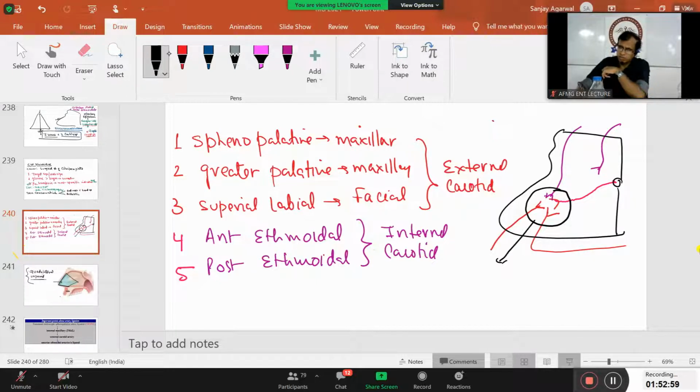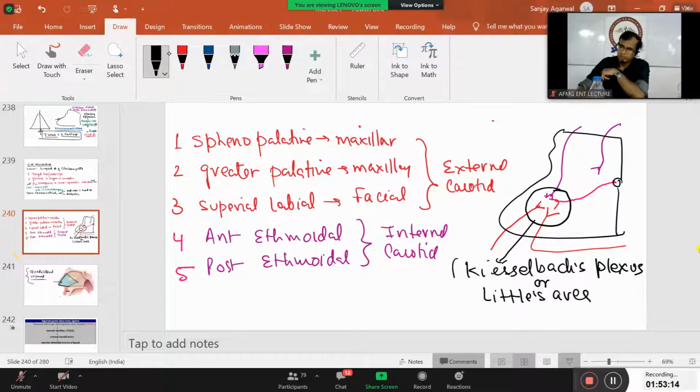What is this plexus called? Kiesselbach's plexus. And this area is called Little's area.